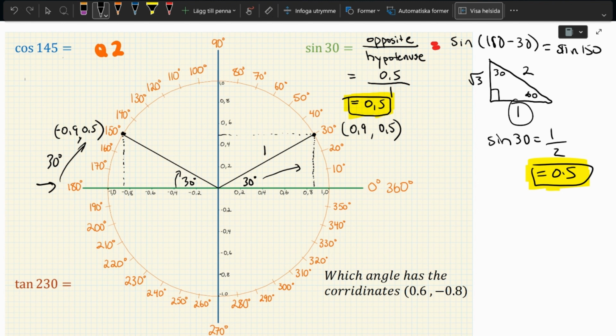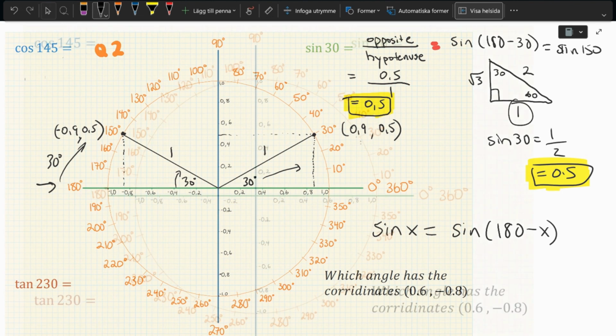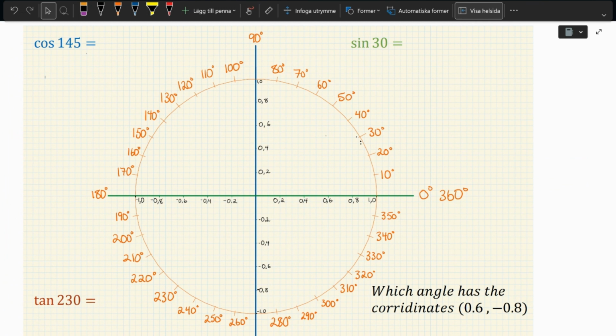And to find the sine of this angle, it would be the opposite, which is the y value, 0.5, divided by the hypotenuse. So it is always true that the sine of some angle x will always be equal to the sine of 180 degrees minus x. Always.